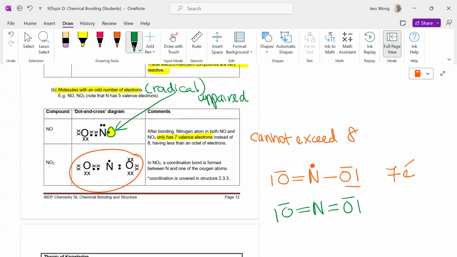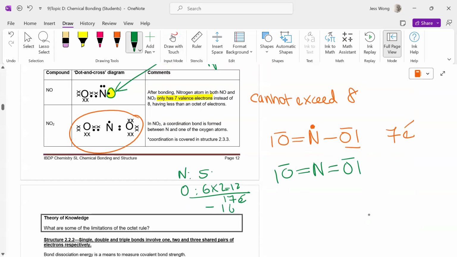Can we do this? We can't do this because nitrogen is group 5, oxygen is group 6 times 2. So in total, your structure has 17 electrons. But if you look at what you have drawn, 2, 4, 6, 8, 10, 12, 14, 16 electrons, that is a leftover of 1.